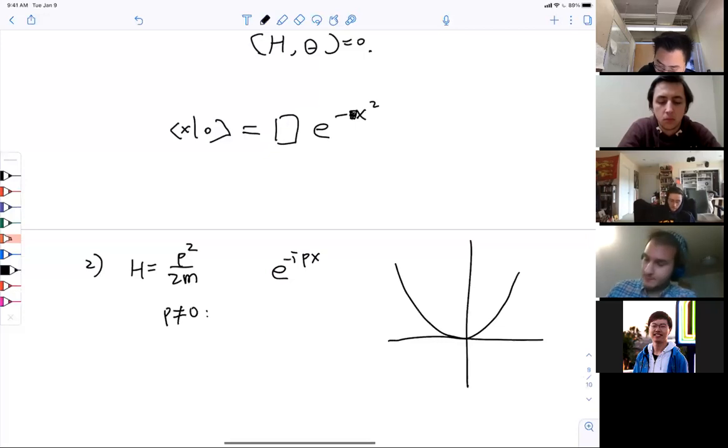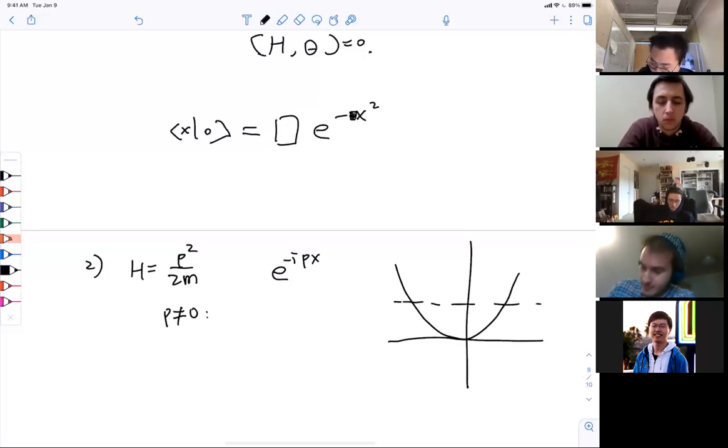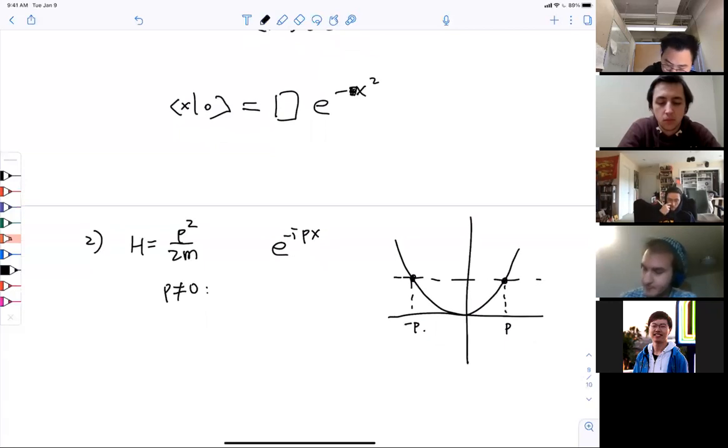If p is not equal to 0, there is a degeneracy, right? It's p and minus p. So in this case the state is complex in general. It's a real number only when p equals 0.